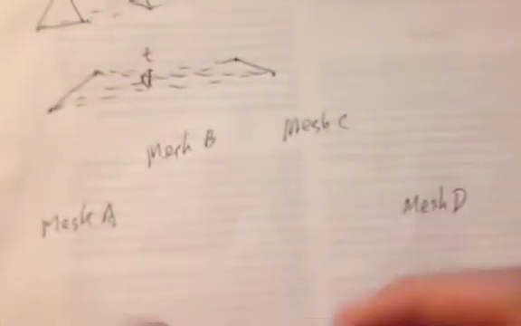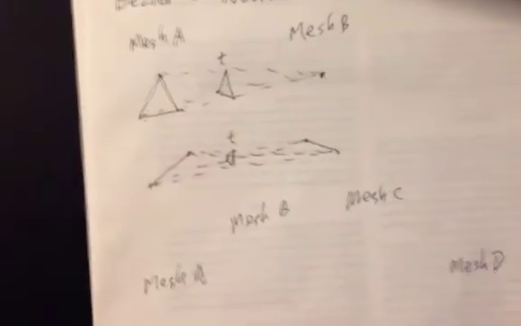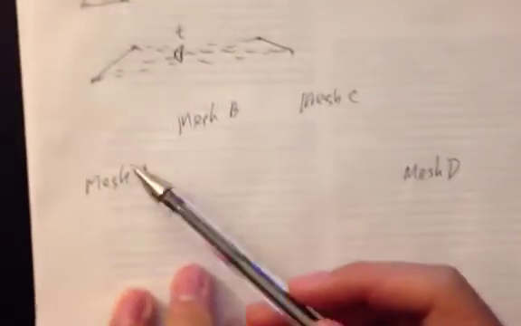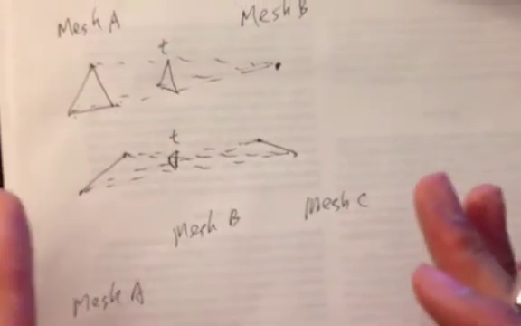We have mesh A, mesh B, mesh C, and mesh D as shown on the screen. Bezier and Neville are almost the same, just the formulas are different. As long as we have these 4 control points, and we plug in the parameter time t, we can calculate the location for that time.